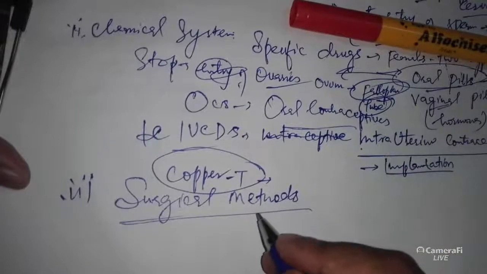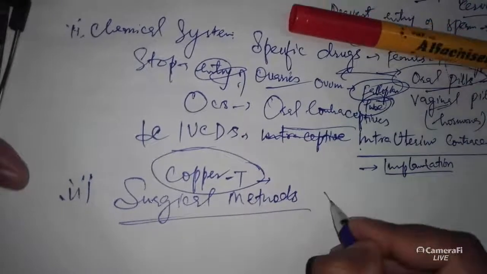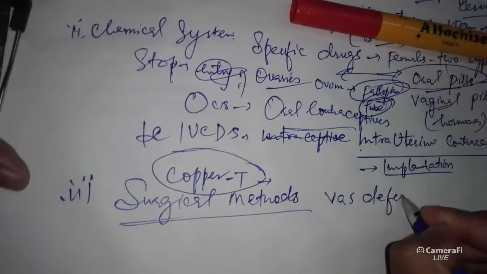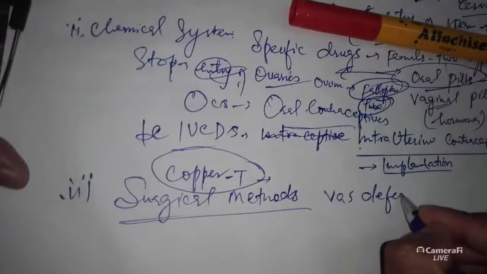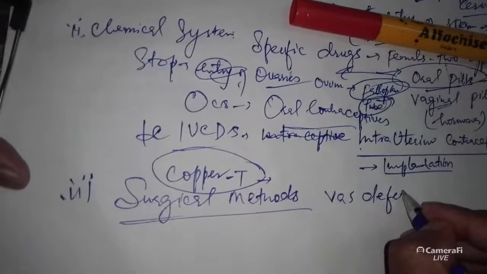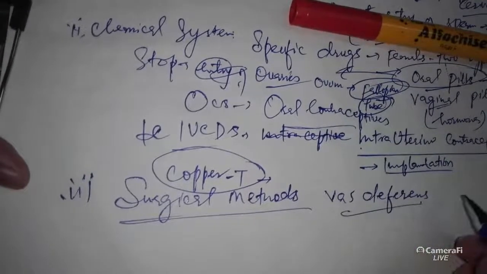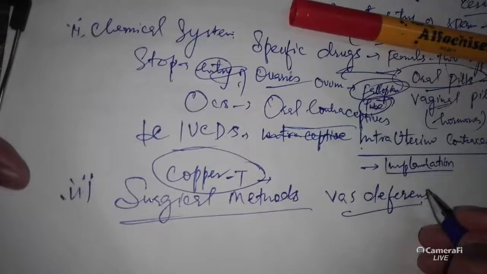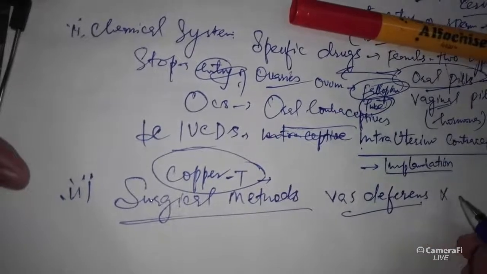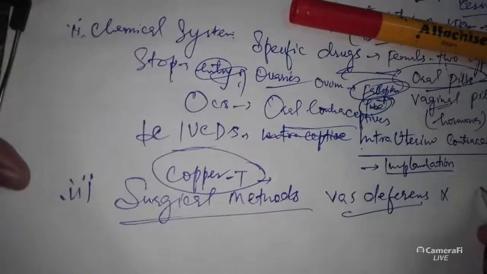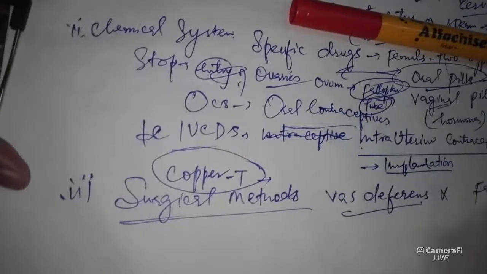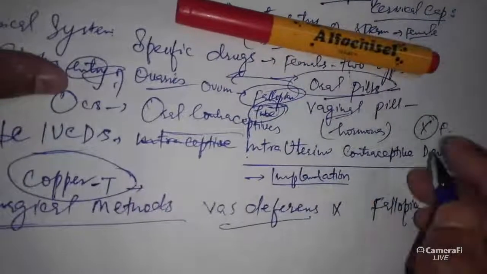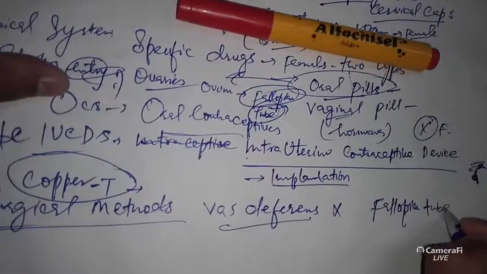Here, a small portion of the vas deferens in the male is cut, and in case of female, a small portion of the fallopian tube is cut.